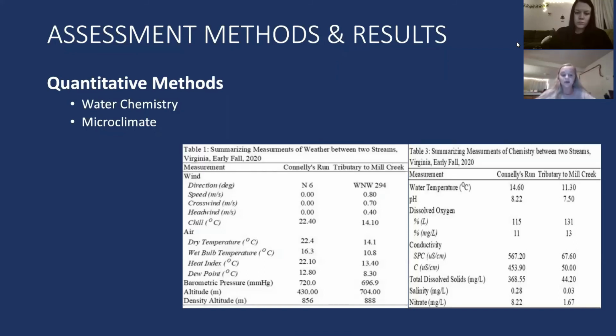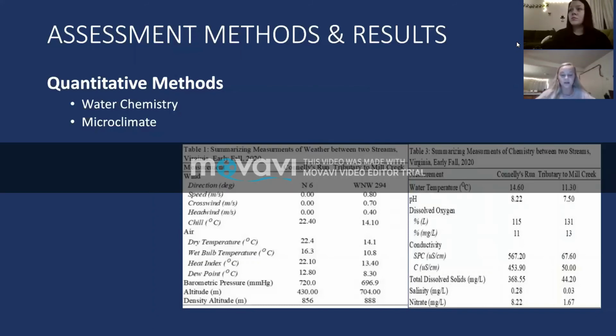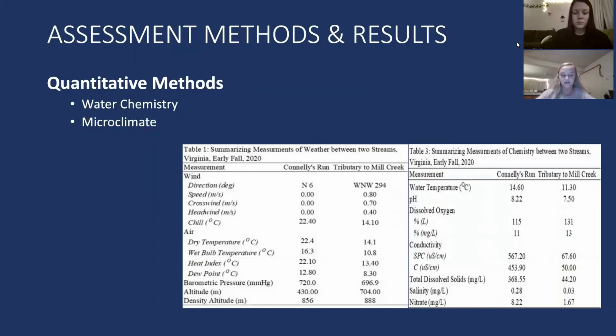When looking at microclimate, this data was collected using a Kestrel 550 environmental meter, which included wind direction, wind speed, crosswind, headwind, wind chill, dry temperature, wet bulb temperature, heat index, dew point, barometric pressure, altitude, and density altitude.